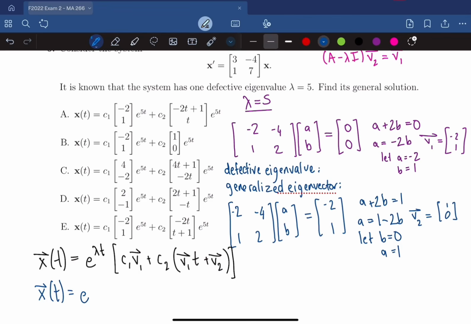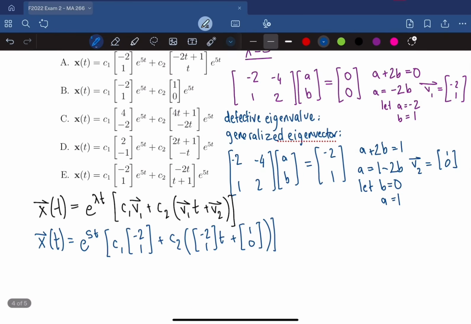We have e to the, what's our lambda, 5t, then we're going to have c1 times our v1, which is negative 2, 1, plus c2, and then we're going to have our v1 again, negative 2, 1. This time we're going to multiply by t, and then we're adding our v2, our generalized eigenvector, and that's it.